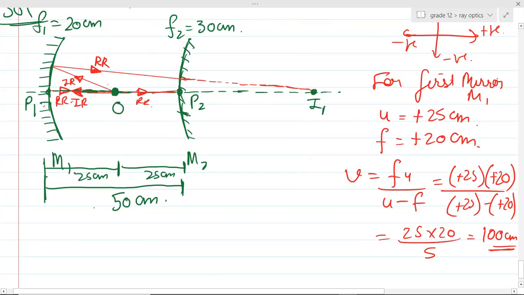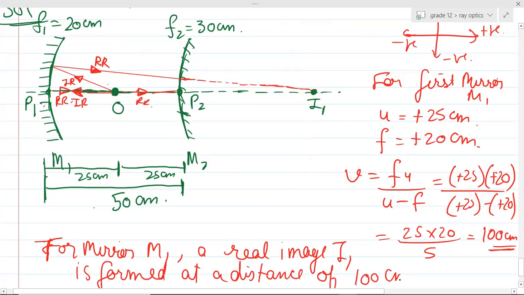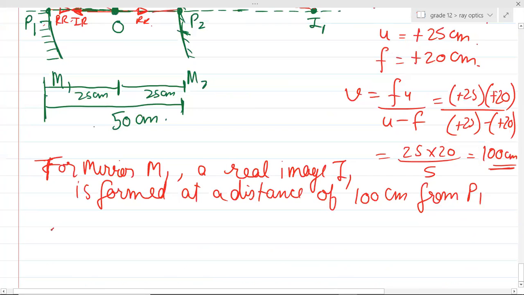So we can say the image for mirror M1, a real image I1, is formed at a distance of 100 centimeter from P1.